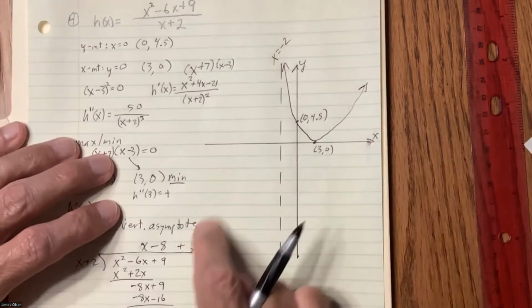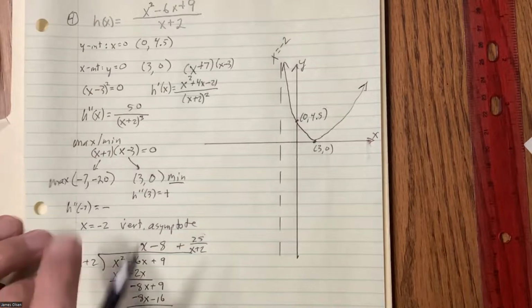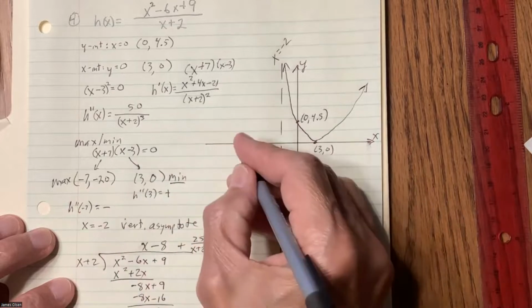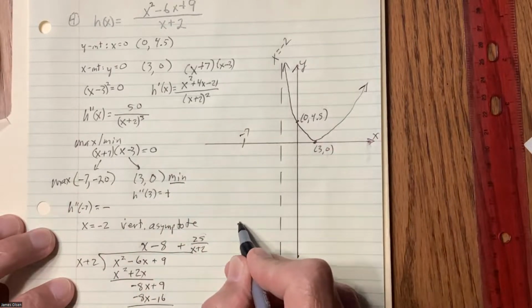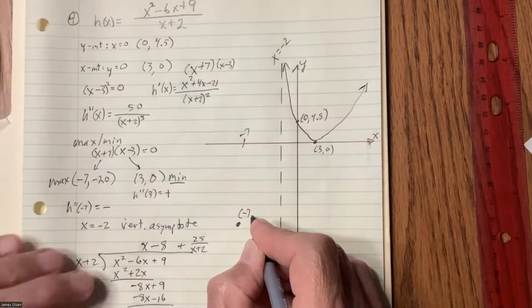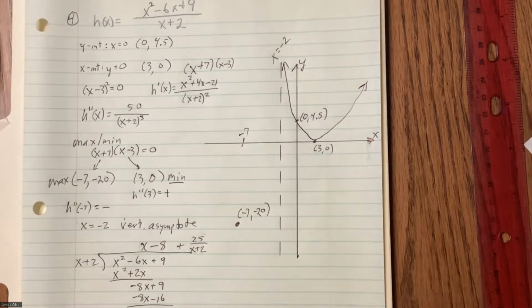We're going to have another curve down here. The maximum point was -7, -20. So way down here at -7, -20, we have a max value.